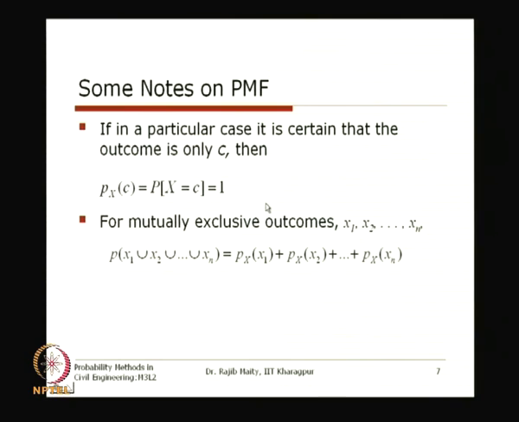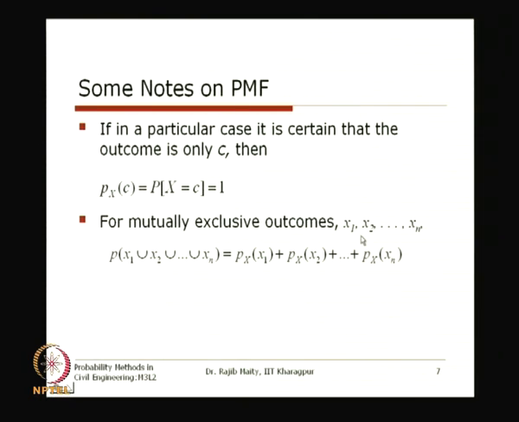On the other hand, if there are mutually exclusive outcomes for one random variable, say x1, x2 up to xn, and these specific values of the random variable X are mutually exclusive, then the probability of any one of these values should be equal to the summation of their individual probabilities.